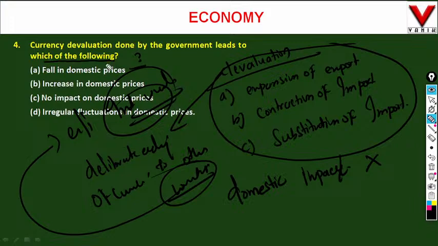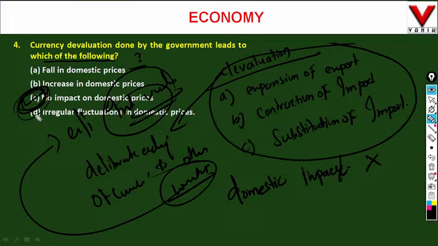That is why currency devaluation done by the government leads to no impact on domestic prices. No impact on domestic prices will be the right answer.